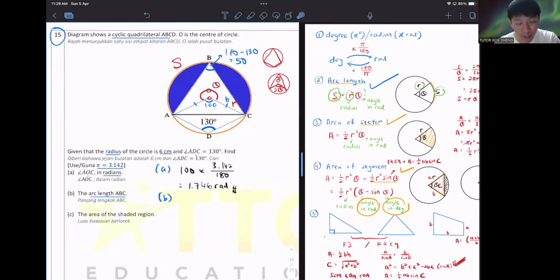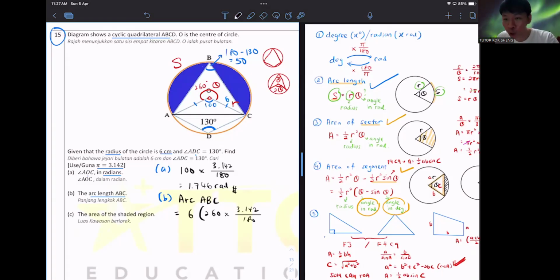So S, radius, the theta here you know is 360 minus 100, okay? 360 minus 100 is 260 degree. But of course you have to change to radian because of the formula. So arc ABC, radius 6, the angle here is 260, change to radian.